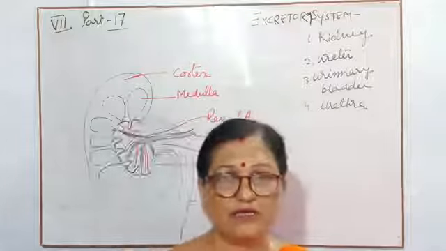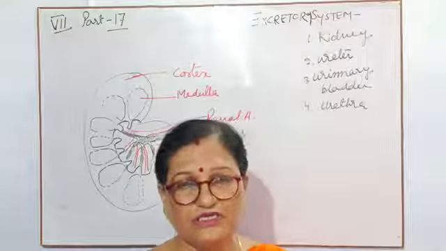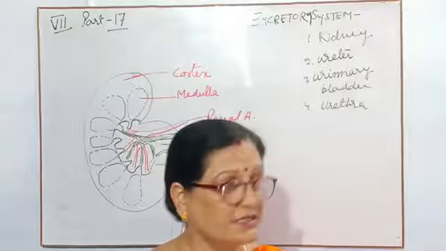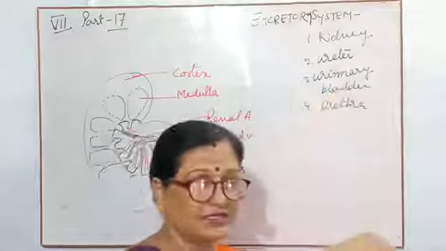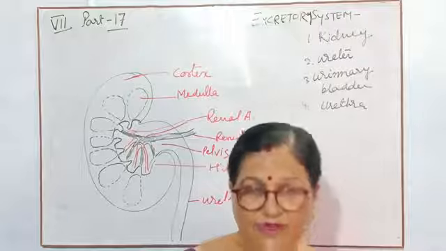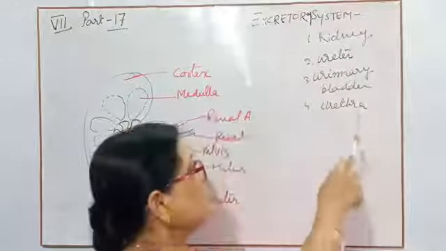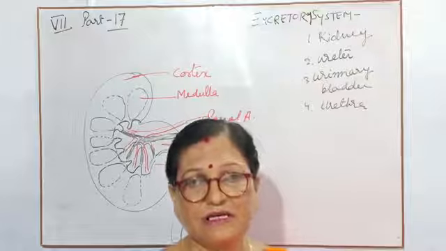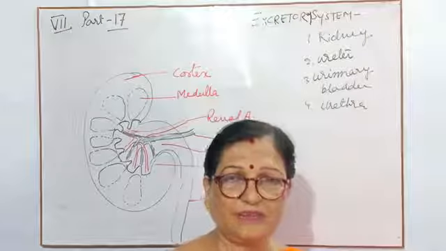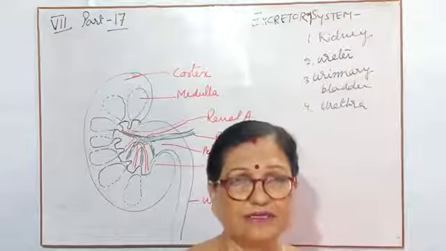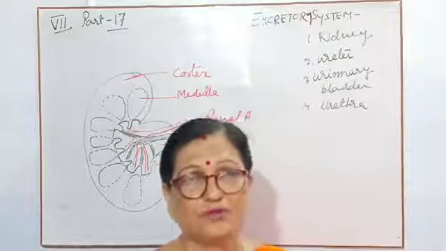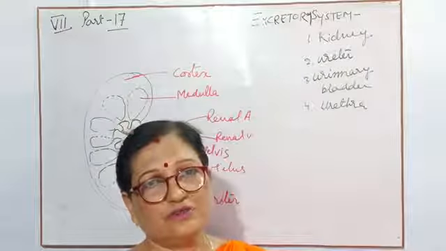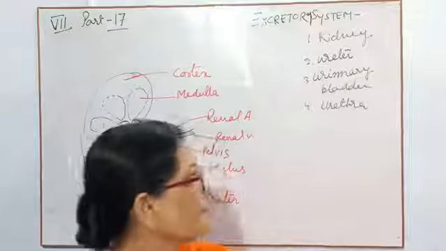This is a muscular pouch present in our lower abdomen. The urinary bladder first collects the urine, and when it becomes totally filled, it helps to excrete it out in the form of urination.